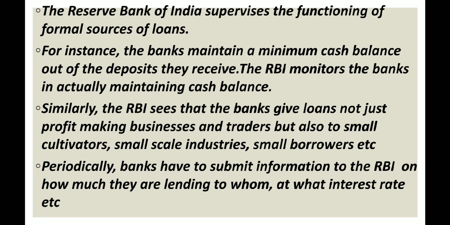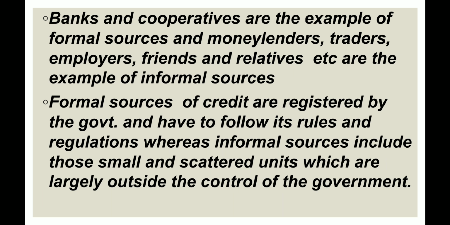Similarly, the RBI says that the banks give loans not just to profit making businesses and traders but also to small cultivators, small scale industries, small borrowers, etc. Periodically, banks have to submit information to the RBI on how much they are lending, to whom, at what interest rate, etc. What is the difference between these formal and informal sources of credit?